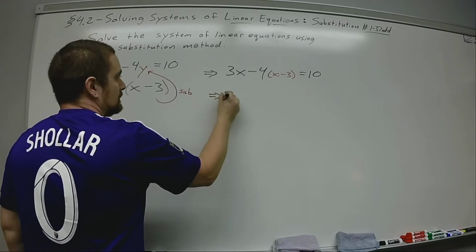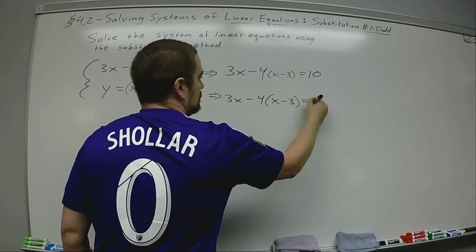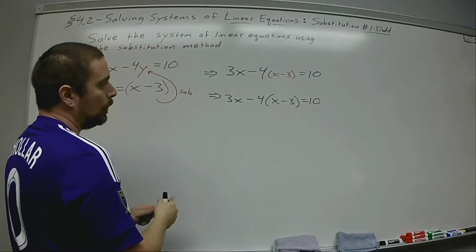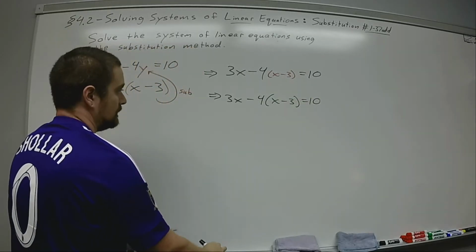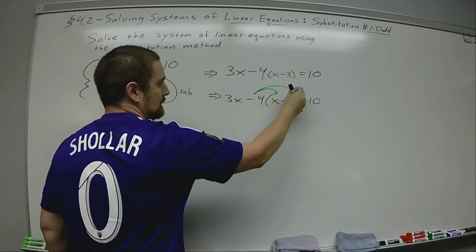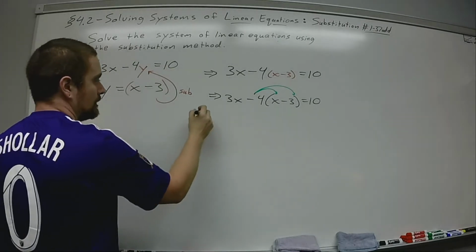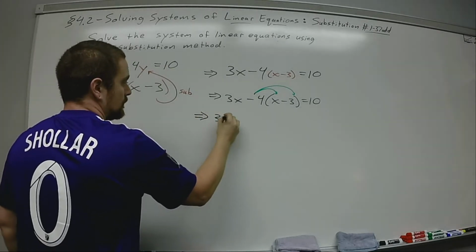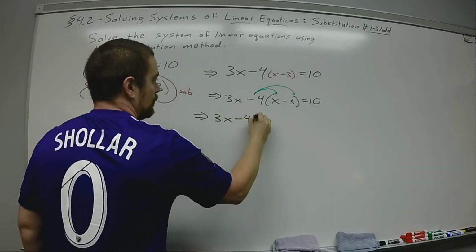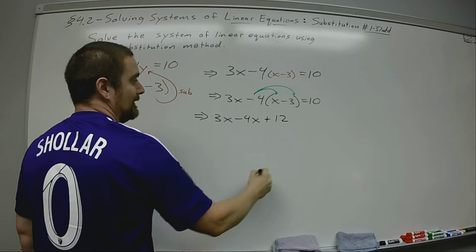So I really do need to distribute this negative 4, because I'm looking at 3x minus 4 times this expression that has two terms. So let's make sure we distribute the negative 4 across there correctly. That will give us 3x minus 4x, minus times minus is plus, 4 times 3 is 12, equals 10.